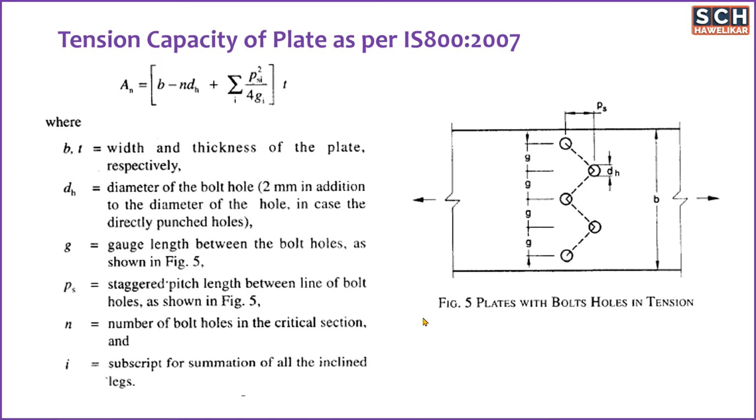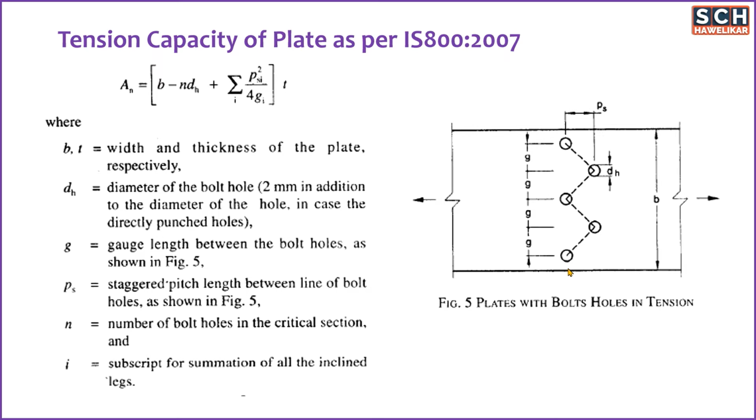If the number of bolts is somewhat larger than the dimensions of the plate, then we need to go with some type of zigzag bolting. Sometimes we provide zigzag bolting to increase the net area, so in such cases the net area of the section increases.